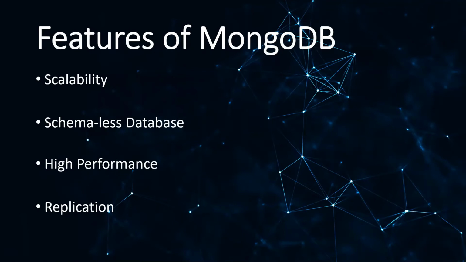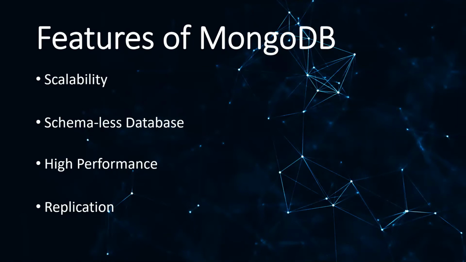The second one is that it is a schema-less database, which is the most important one. A single collection can hold multiple documents, and those documents may consist of different numbers of fields, content, and size. Due to this feature, MongoDB provides more flexibility to databases than the relational database.